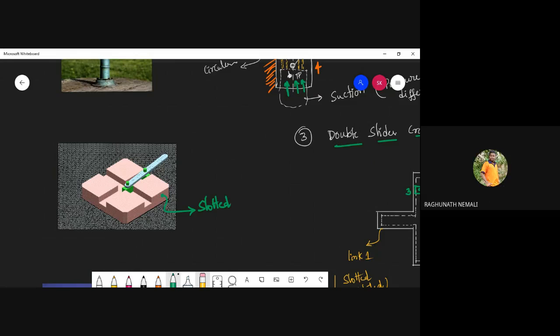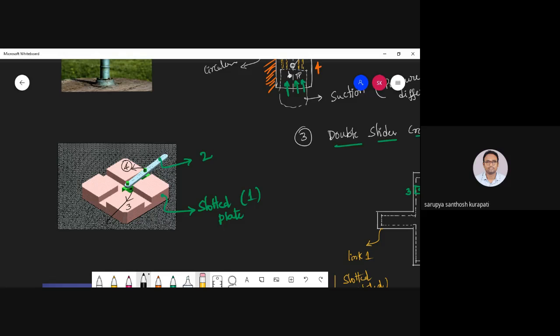Oh, yes, sir. So you can see this is the slotted plate, only one link. This is link 1, and here you can see this is link number 2, and here a slider, which is link number 3, and there is another slider here which you can't see, so this is 4.